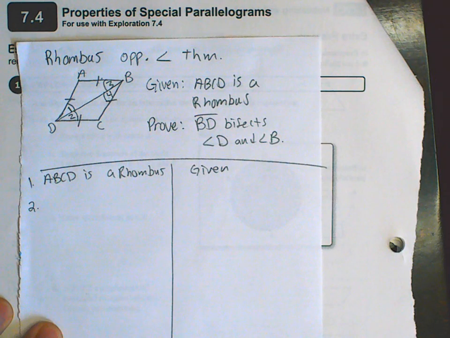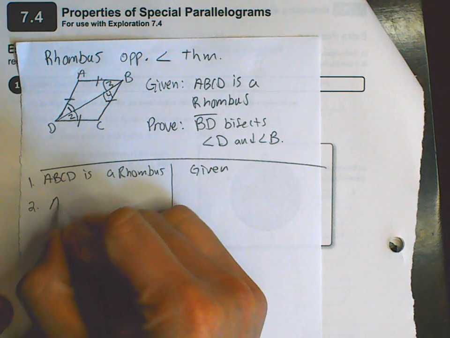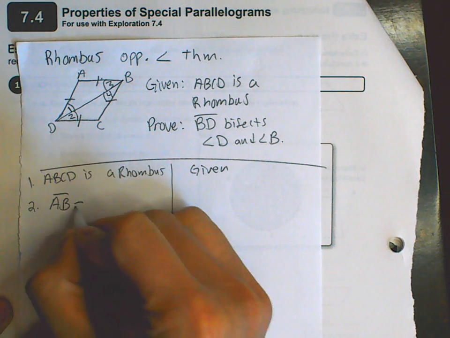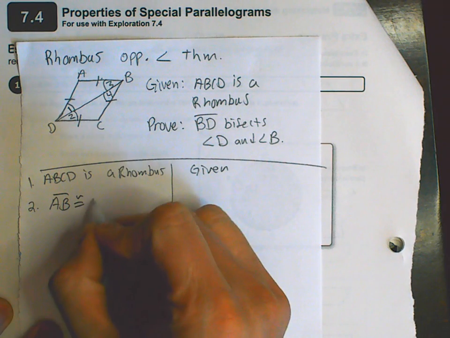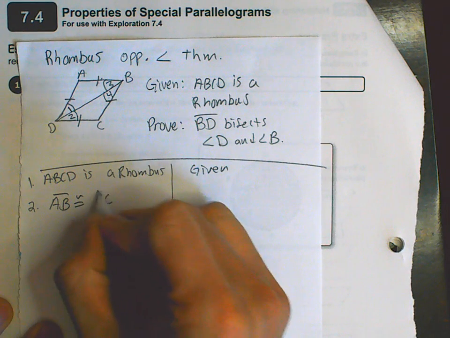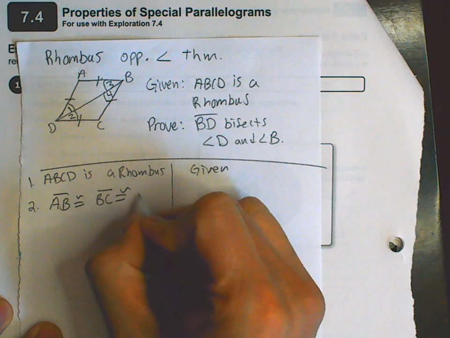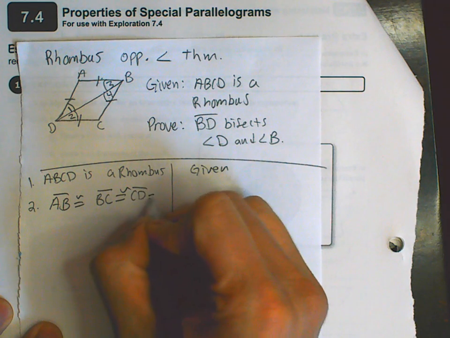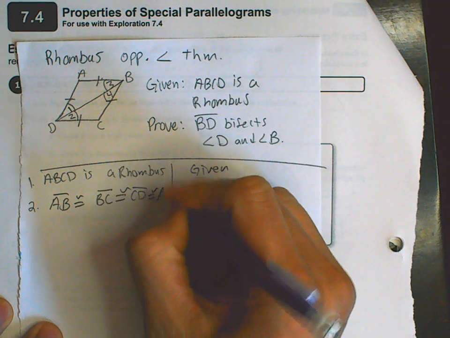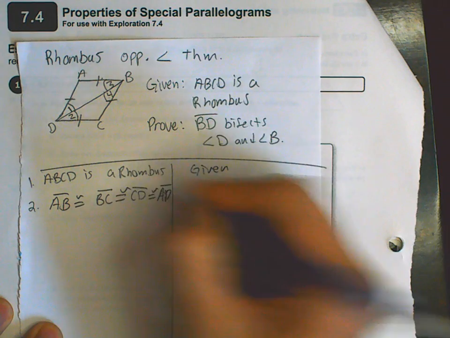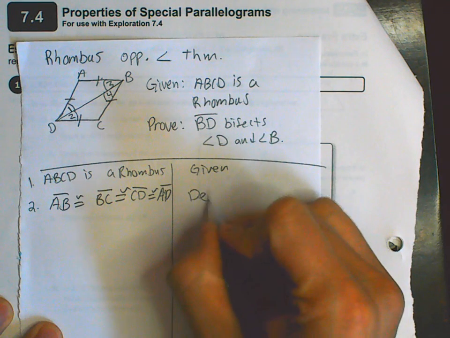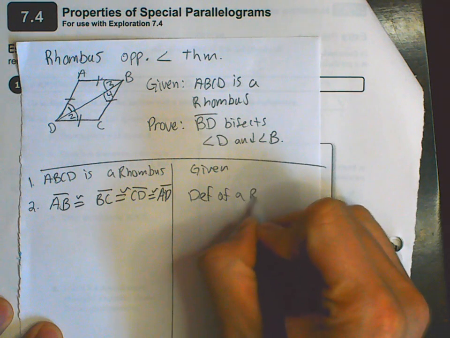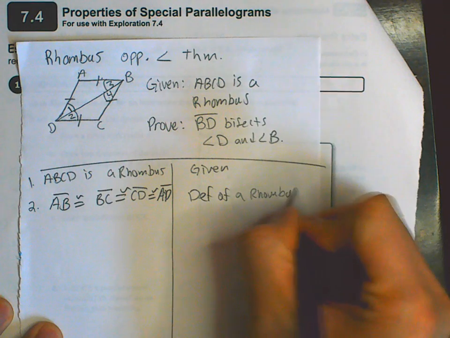All right. So let's see. Second thing. Okay. We know that AB is congruent to BC, congruent to CD, congruent to AD. Definition of a rhombus.